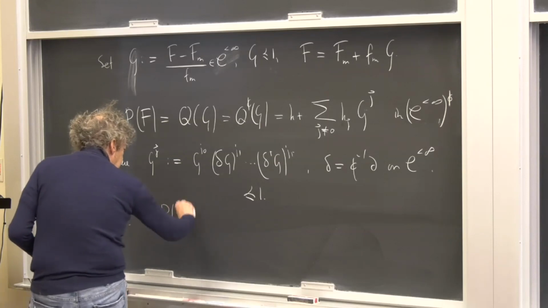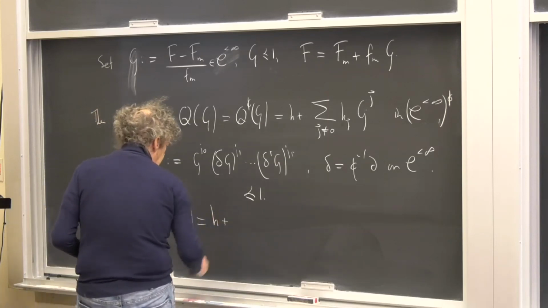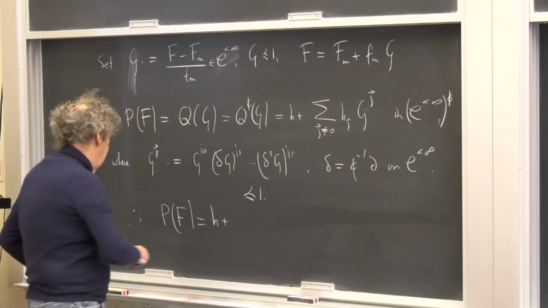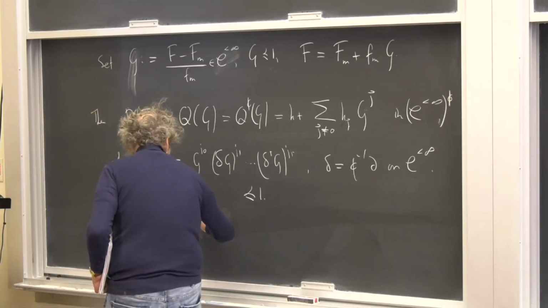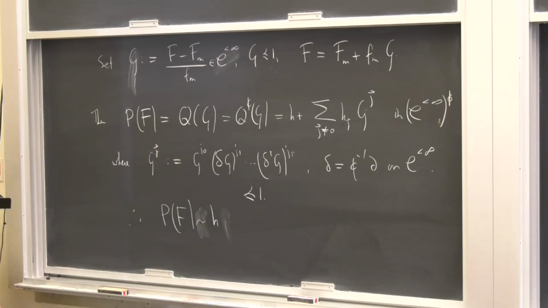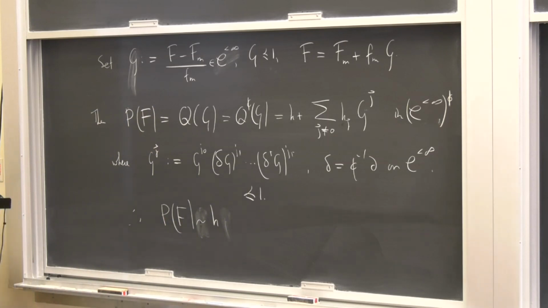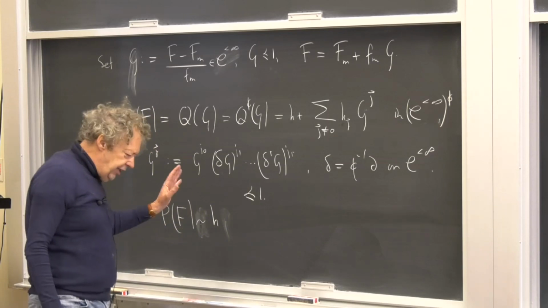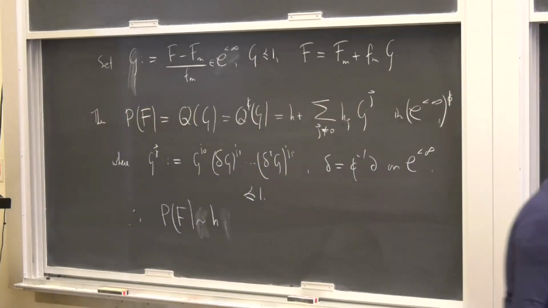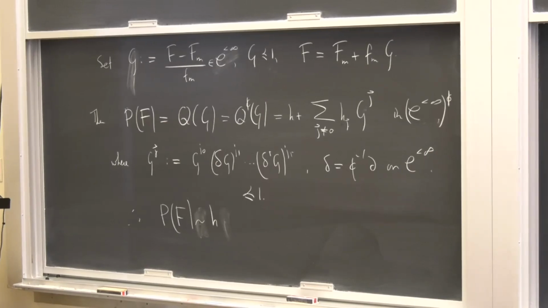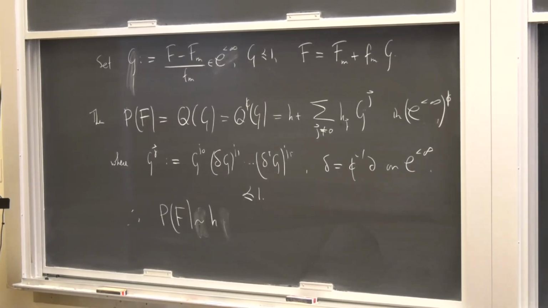So therefore, P of F equals simply H plus little o of H if you want, or if you want to be really precise, you simply express it this way: P of F is asymptotically equivalent, however you pronounce that, to little h. Yeah, it's H plus something that is strictly dominated by H, and therefore it certainly is a unit, right? It's H times 1 plus little o of 1.